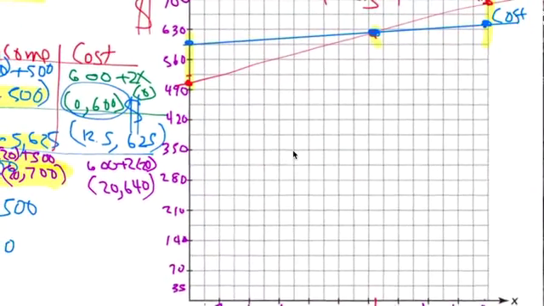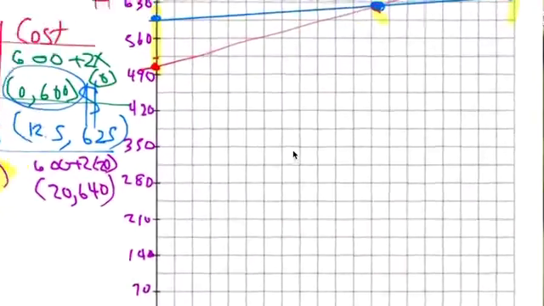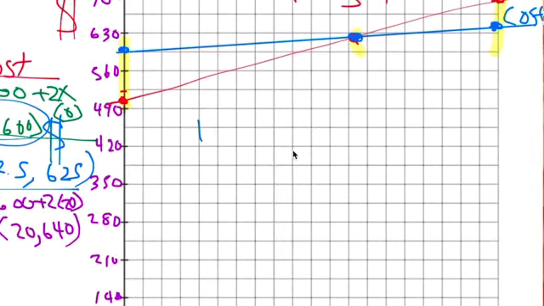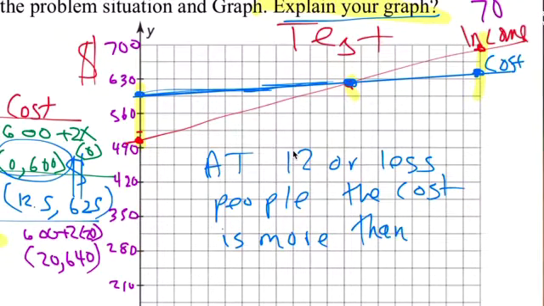At 12 or less people, the cost is more than what they make.